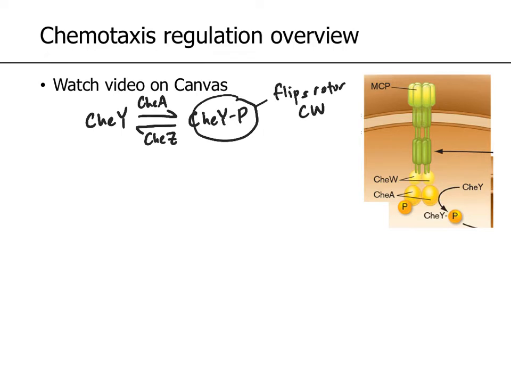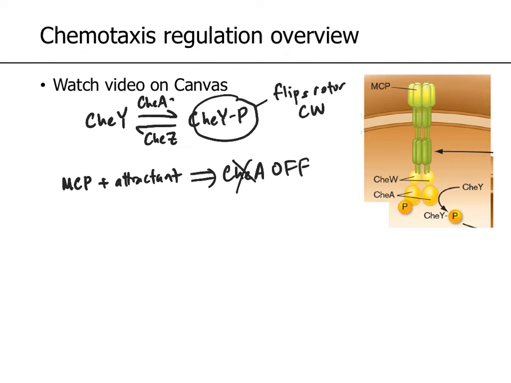To do that, we have the MCPs, and the MCP plus the attractant essentially turns off CheA. So this part here gets turned off, and if this is turned off, then you'll get less of the clockwise movements.